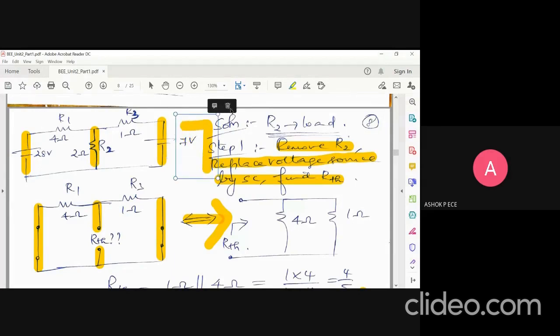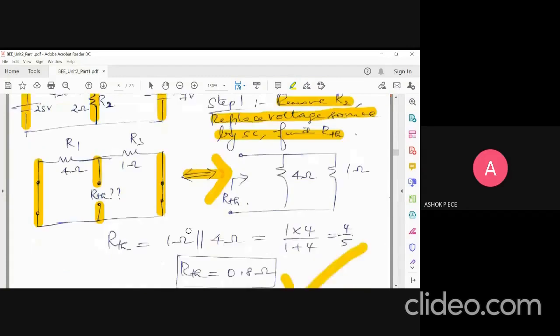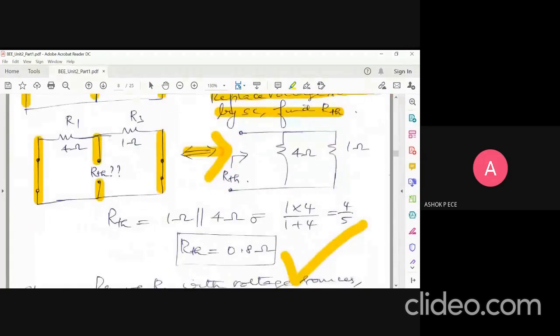Even though this is your actual diagram, I am redrawing it like this. It's all resistors, so you can move them as you like, provided their configuration is not disturbed. Is everyone clear with finding RTH for this sum? RTH is 0.8 ohms. Anybody having doubt?